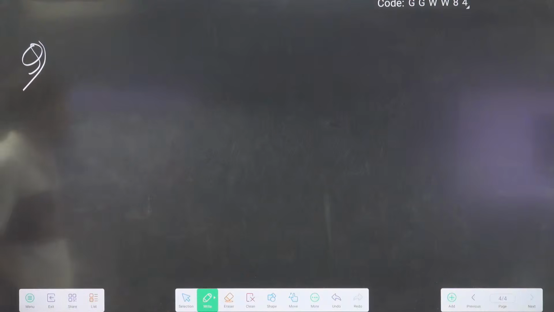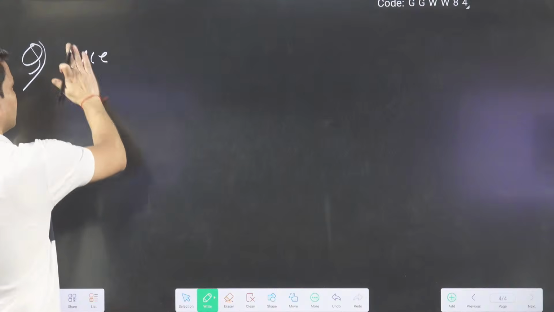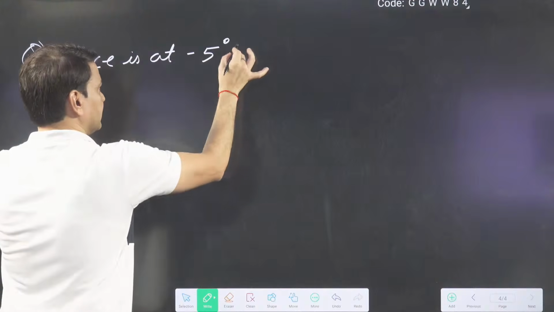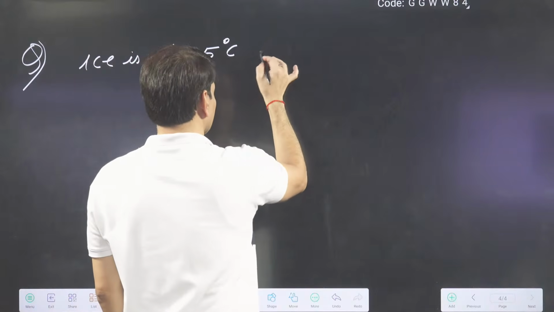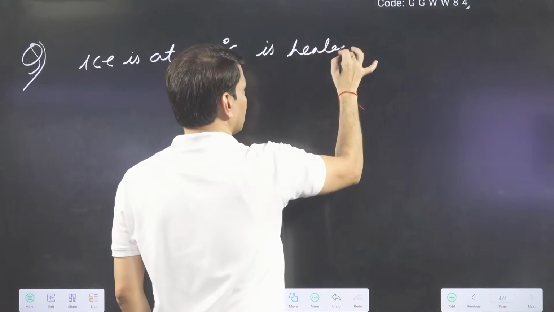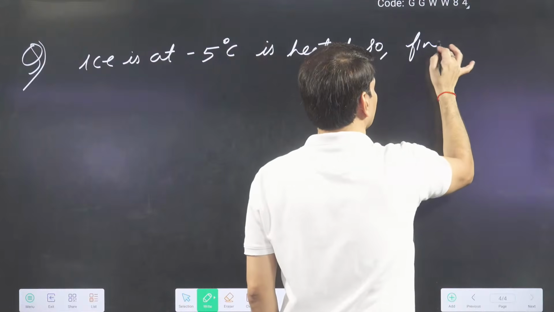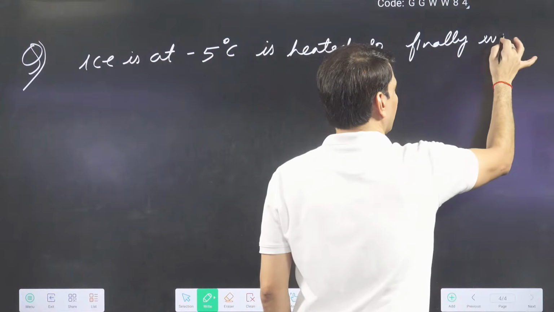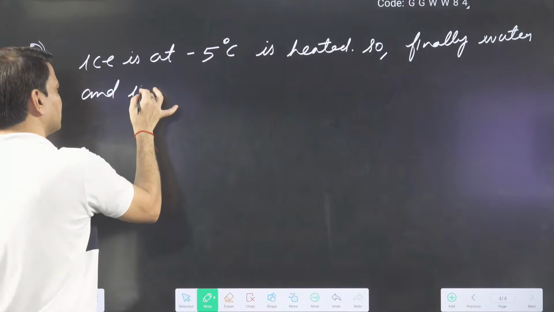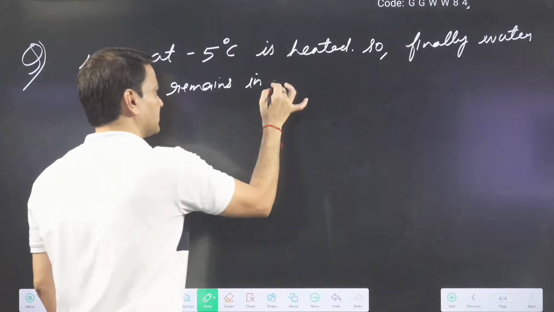Okay, one more question, from the same module. They gave: ice at -5°C is heated. So finally water and ice remain in the mixture.